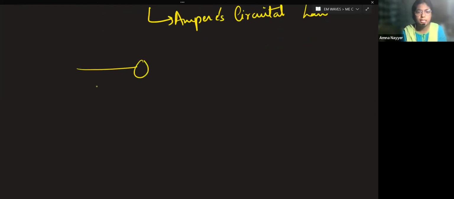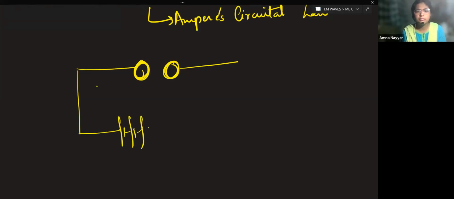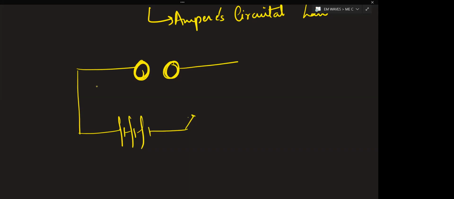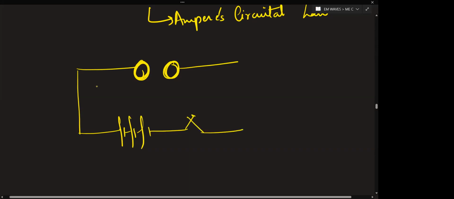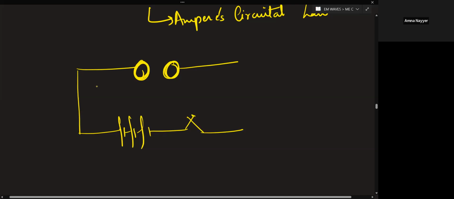So let's say these were the two capacitor plates, spherical capacitor plates were there, battery was there, tapping key was placed, and a whole circuit was constructed.